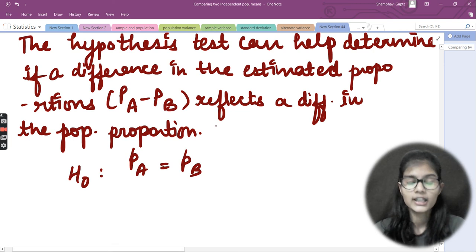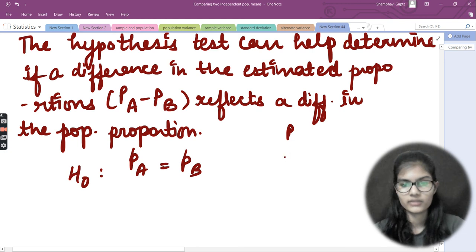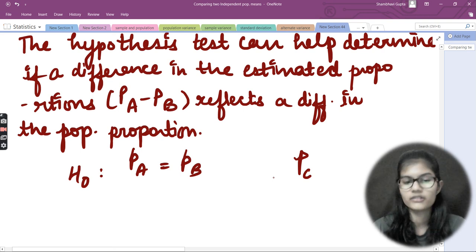This pooled proportion is denoted by a small p with a subscript C. It's a small p and here goes the C. This is how we denote the pooled proportion. Hope you got the idea regarding this particular thing.